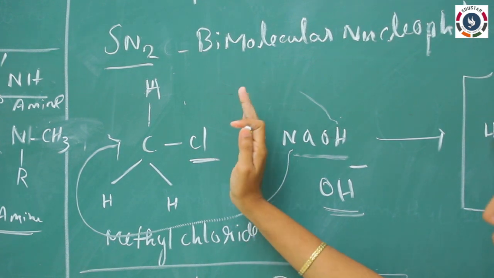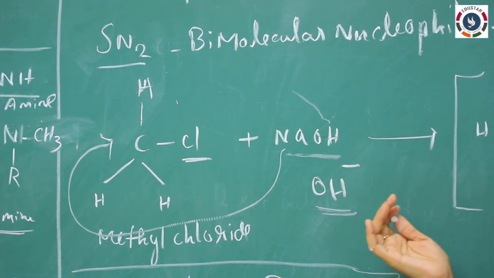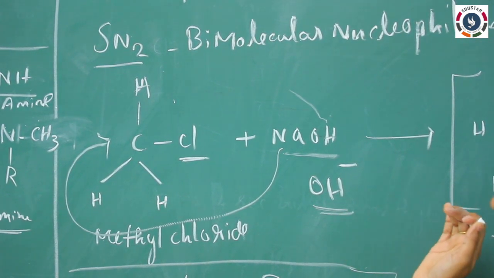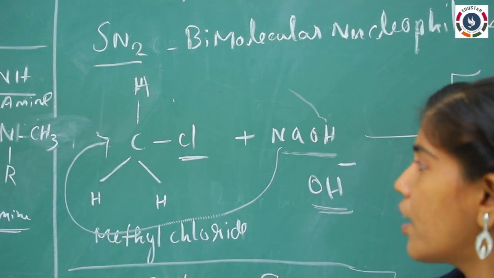Since halogen is present at one end, the incoming nucleophile is going to attach itself to the substrate at the back side of the carbon atom.